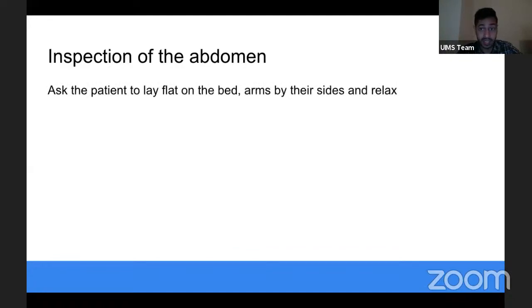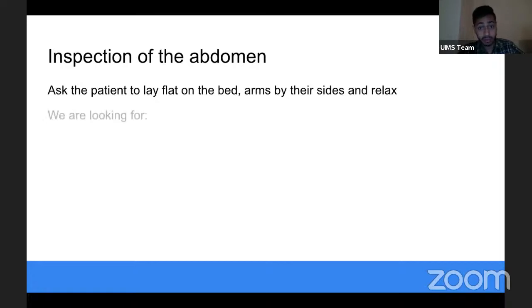So once again, we ask the patient to lie flat on the bed with their arms by their side, and we ask the patient to relax. Obviously, in a hospital environment with numerous students around you, it can be quite daunting. So as relaxed as they can be is really great for this.